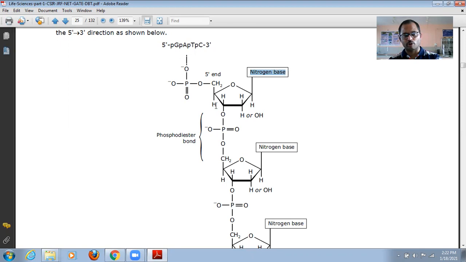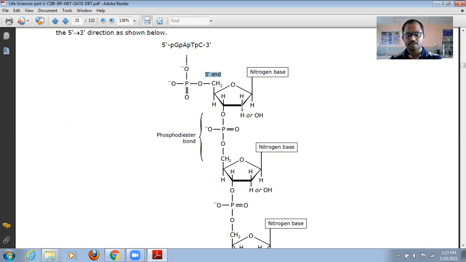Focus on this pointer. This ribose sugar has 1', 2', 3', 4' and 5' positions. The phosphate group is joined to the ribose sugar at the 5' position. That's why it is known as the 5' end of the DNA or RNA.